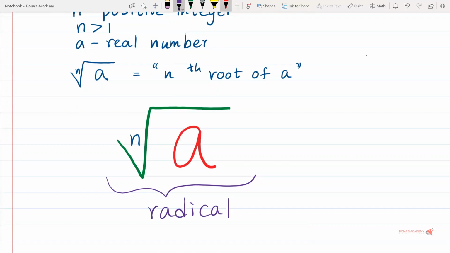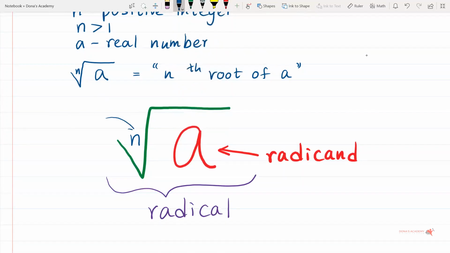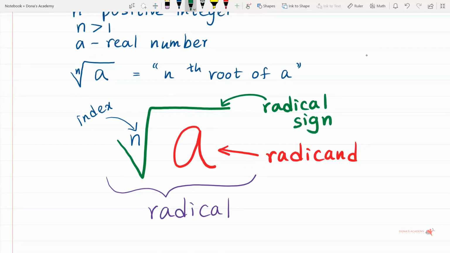And we call this inside number a the radicand. The n before that is called the index. And this symbol is called the radical sign. All right, so here are some definitions of the pieces of the radical.